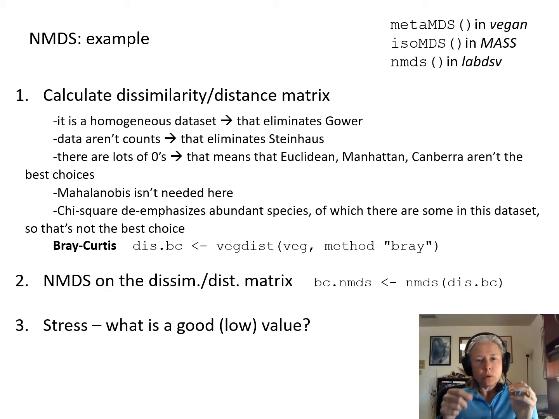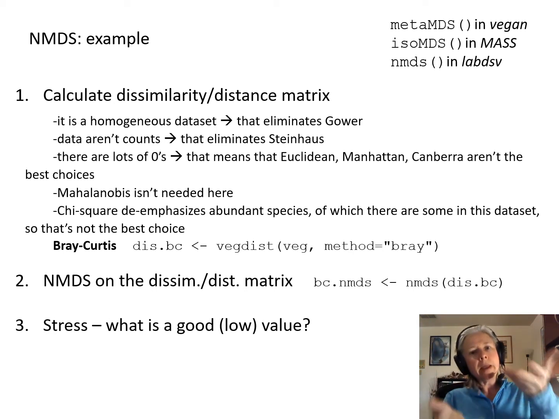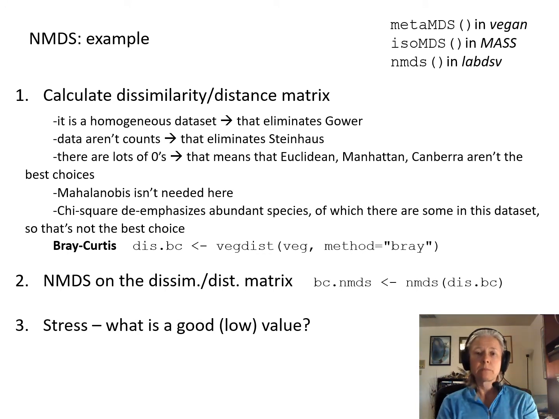And you can really start to get into problems if you just look at stress and say, I want to minimize my stress value. So what we're going to do in the next few slides is go through a process where we are trying to minimize stress, but weigh that against the number of axes that we need to do that.